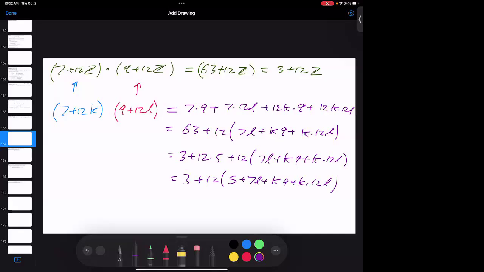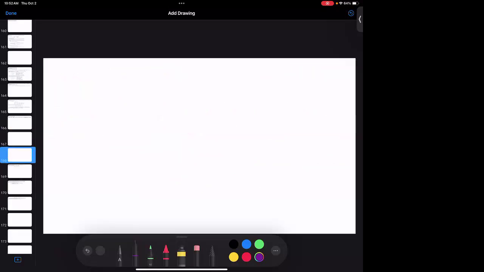Do you think every element is going to have an additive inverse? You look at Z mod 12Z, that's going to be 0 plus 12z, 1 plus 12z, up to 11 plus 12z.